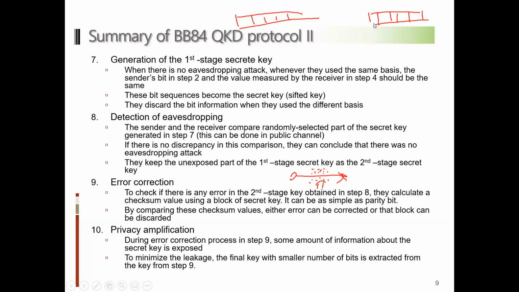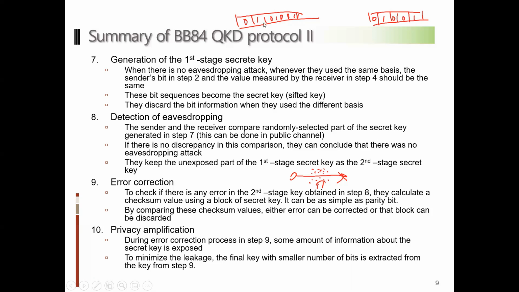The way we detect the error is something like a checksum. For example, if you have some sequence like 0, 1, 0, 0, 1, one way to compare these sequences without sharing the entire sequence is to just count the number of ones.